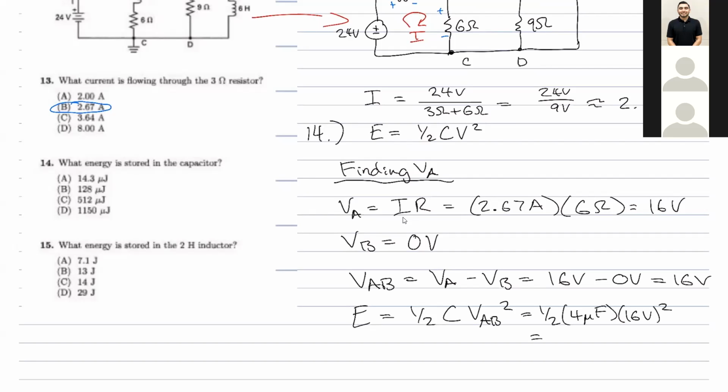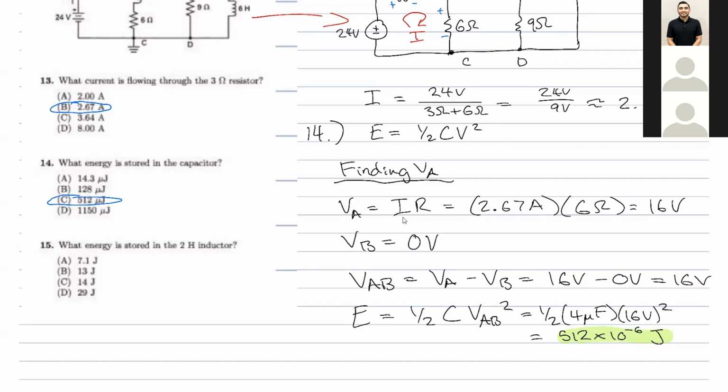If we number crunch, we get something like 512 times 10 to the -6 joules. And that's one of our answers, which is answer C.